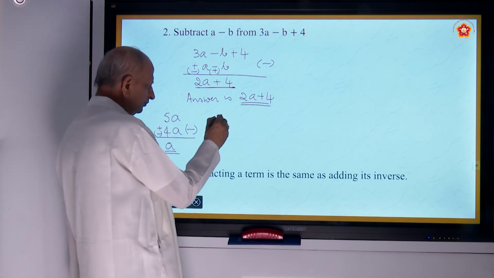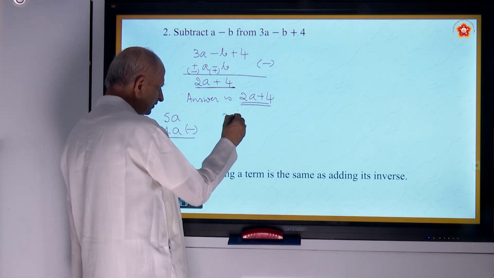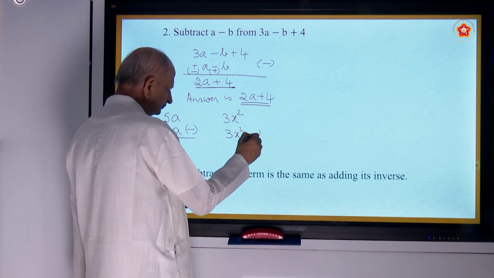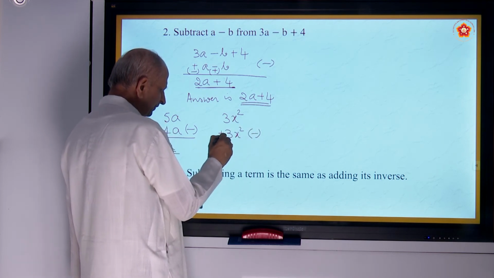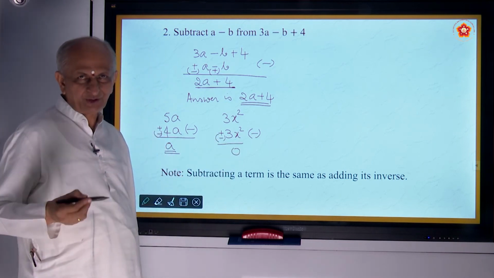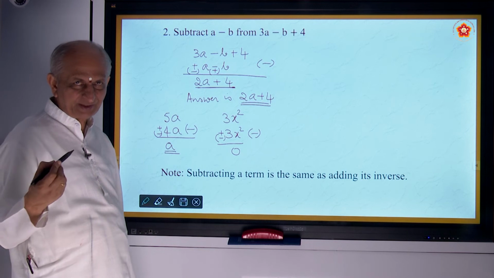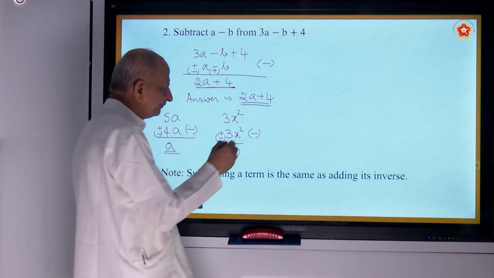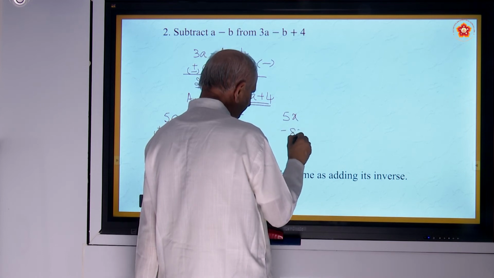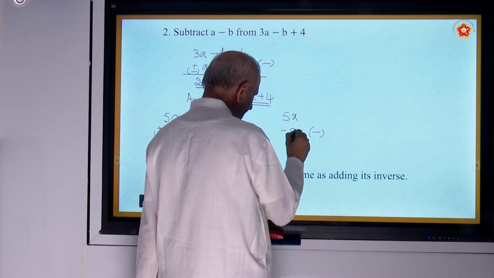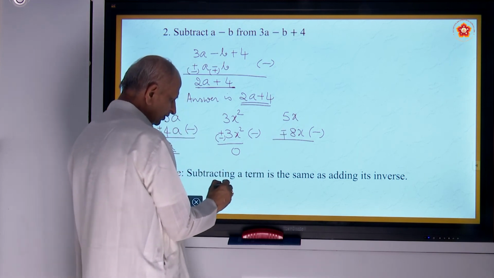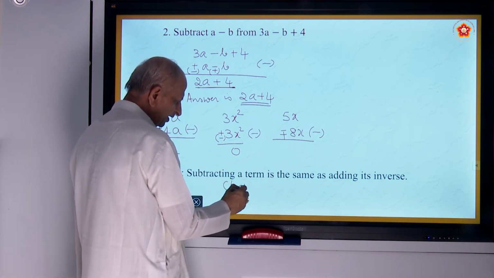And suppose you have 3x squared minus 3x squared. So plus becomes minus, add it, you get 0. You may note down. Of course, you have studied in the previous class, just for memory I am doing it. And then 5x minus 8x, you have to subtract. So change the sign and add.